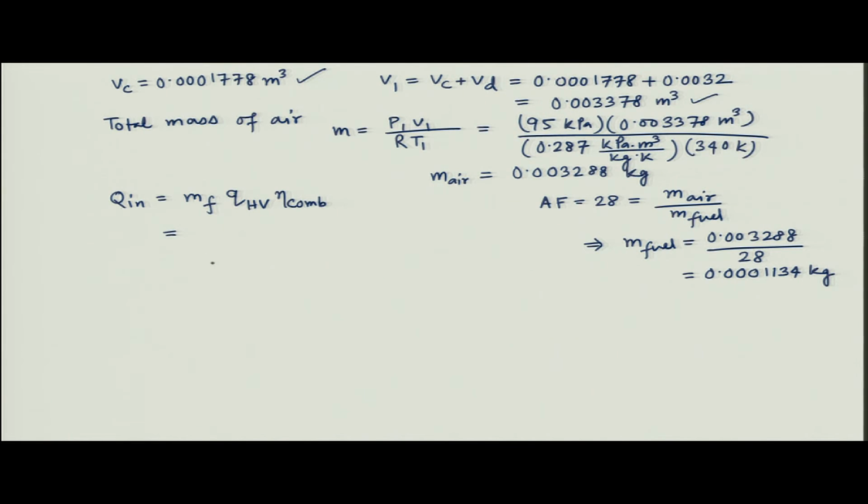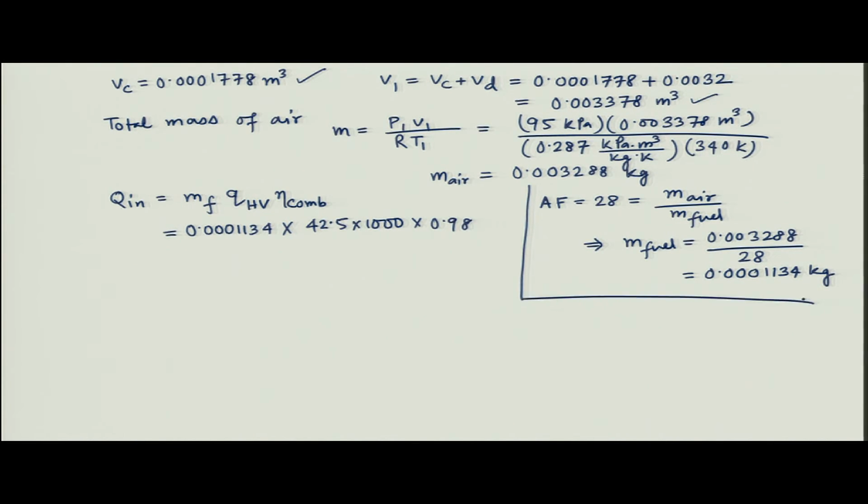Now I can put this back here, and heating value is given 42.5 megajoule per kg. We have to convert it into kilojoule per kg, so I am multiplying it with 1000, and the combustion efficiency is 0.98.